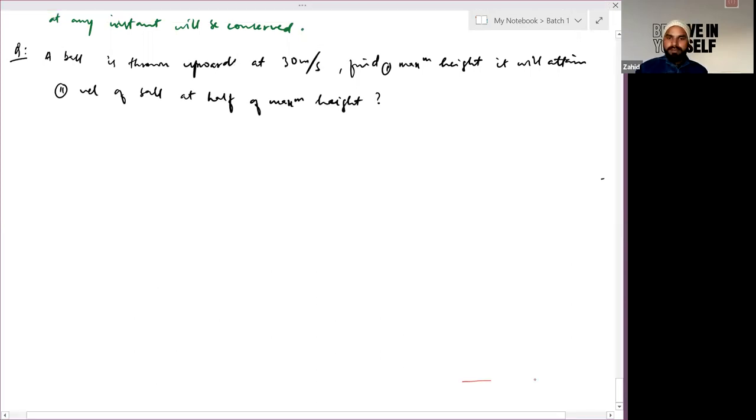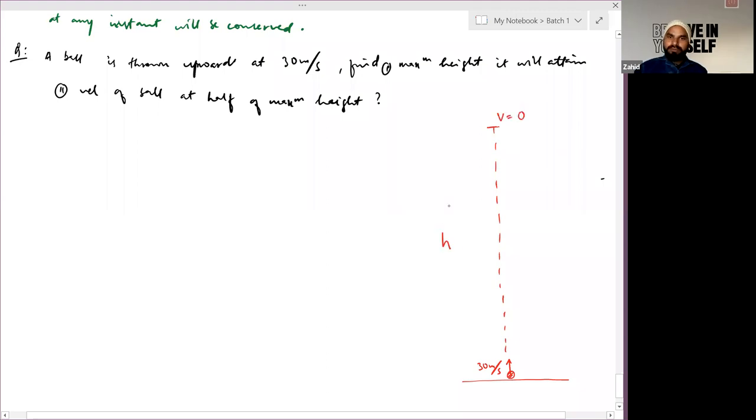Suppose this is the ground from which a ball is thrown upward at some velocity, 30 meters per second. So it will move along this path to reach the highest point. At the highest point, the velocity of the body will be 0.